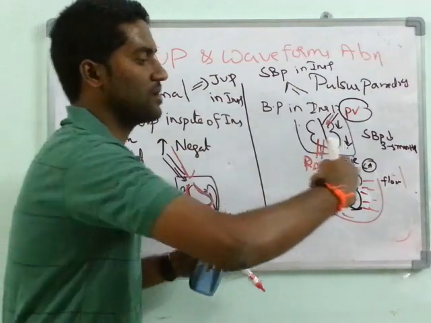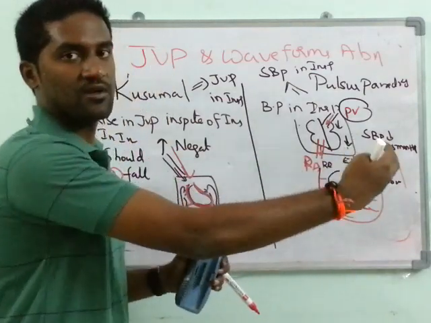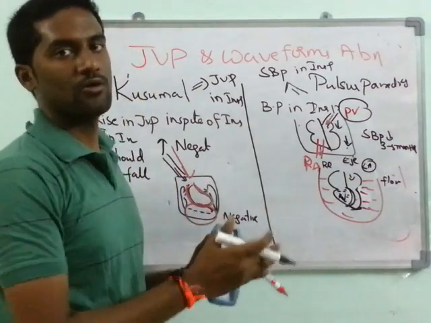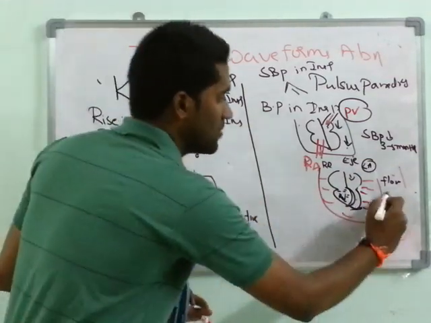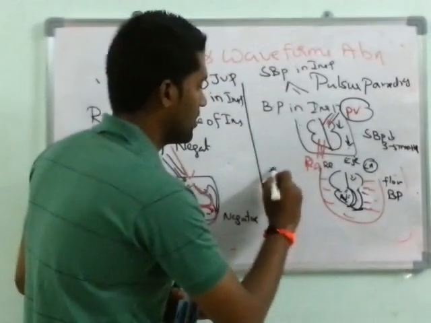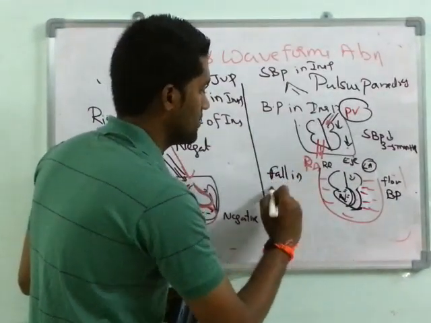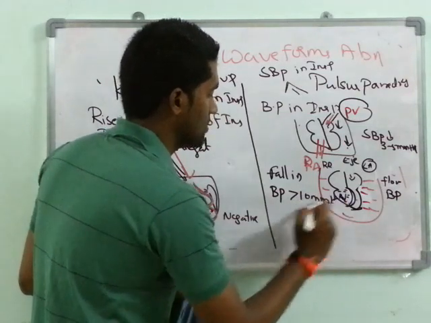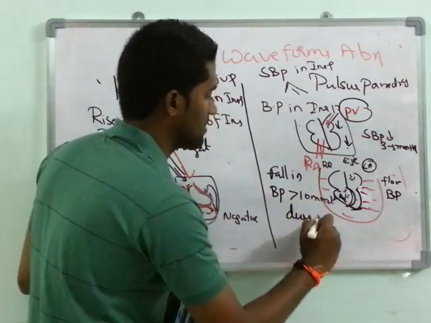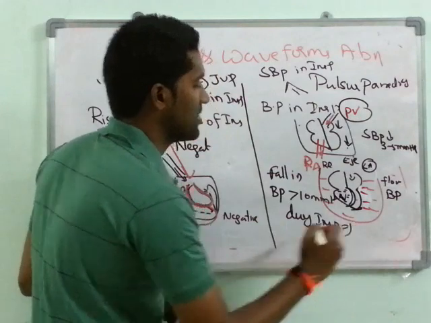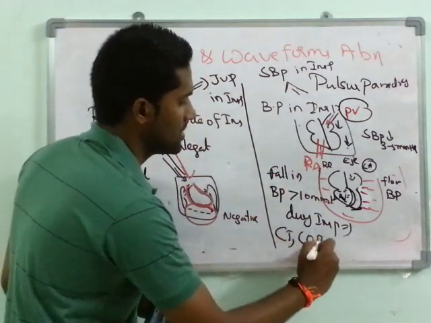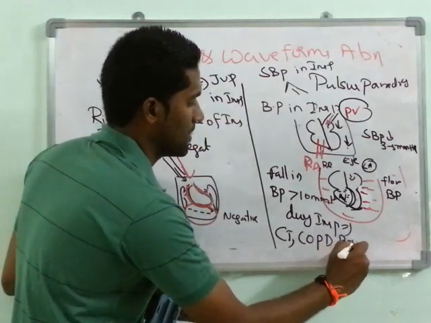The septum bulges into the left ventricle, causing low ejection fraction or low cardiac output. So the BP will decrease. A fall in BP of more than 10 mm Hg during inspiration is pulsus paradoxus, seen in cardiac tamponade, COPD, and bronchial asthma.